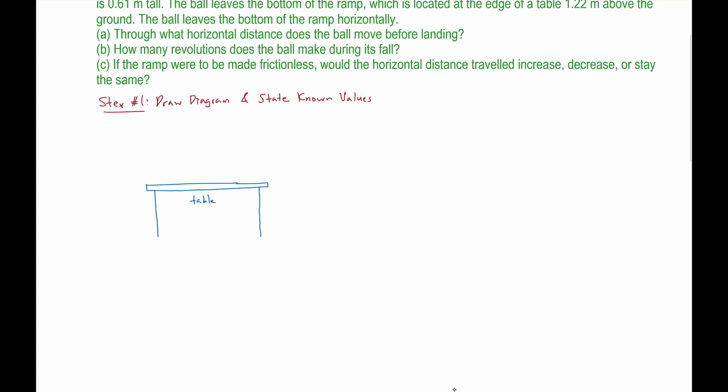And it's resting on the ground somewhere, like this. We'll extend the ground so that we have a proper projectile motion. So we have the table, the ground, there's a ramp on top of the table. So let's draw this in black.